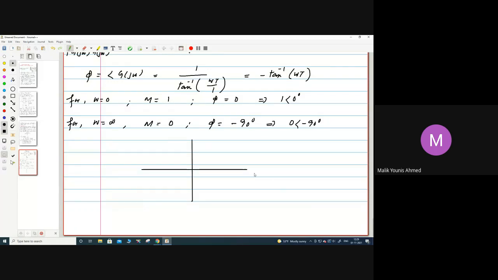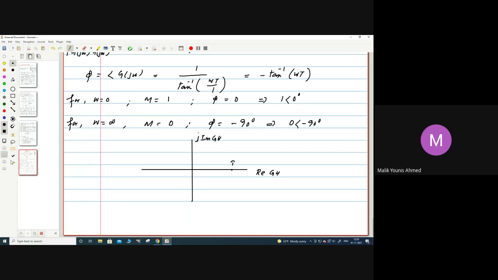So this is the real axis of this open loop transfer function G of H, and this is the imaginary axis of G of H. Now you can very clearly see the magnitude is positive 1. Let's say the positive 1 is here.